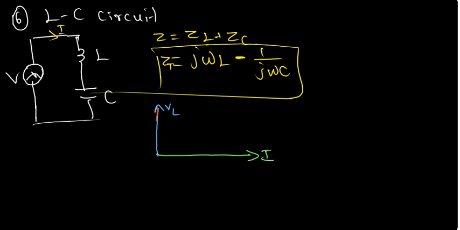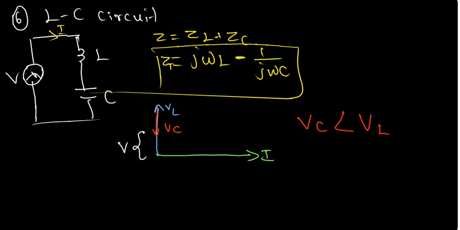Here I took VC less than VL. According to your values, sometimes VC is greater than VL. When VC is greater than VL, it comes beyond this, downwards over the I. So the total V is here.